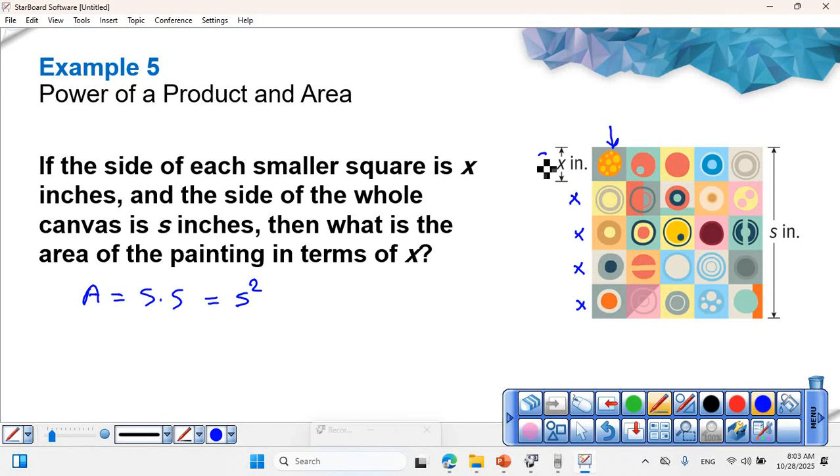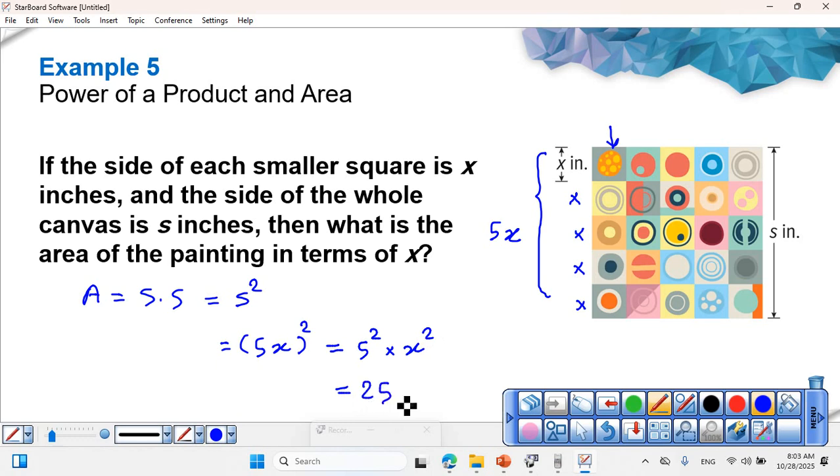This side equals 5x. We can write here, this equals 5x to the power 2. This is the answer, 5 squared times x squared. The final answer is 25 x squared. This is the total area for the painting.